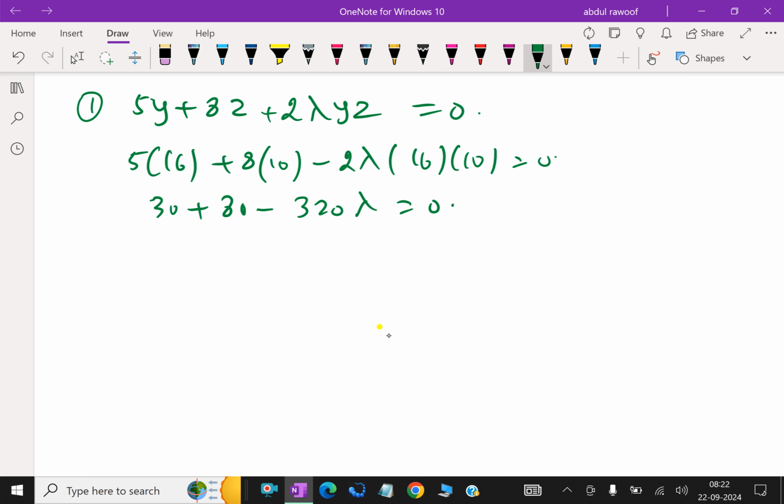Then for lambda, equal 30 plus 80 over 320.